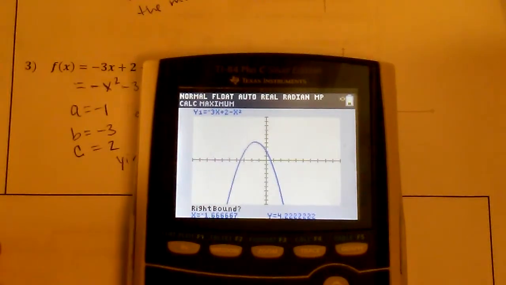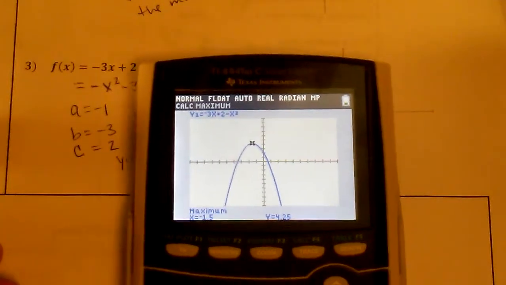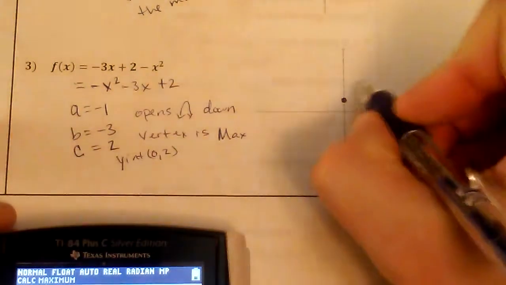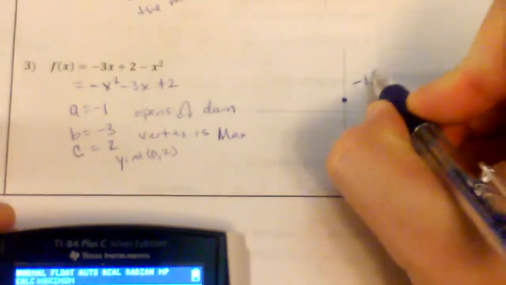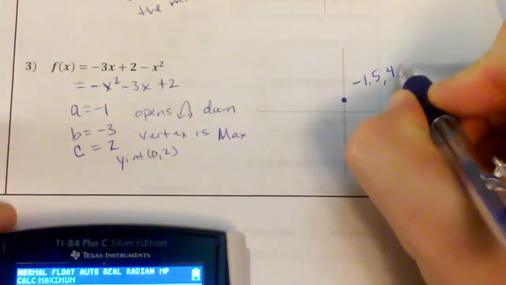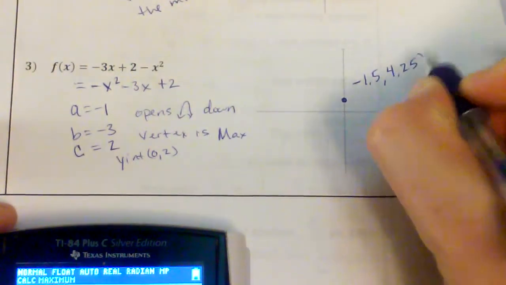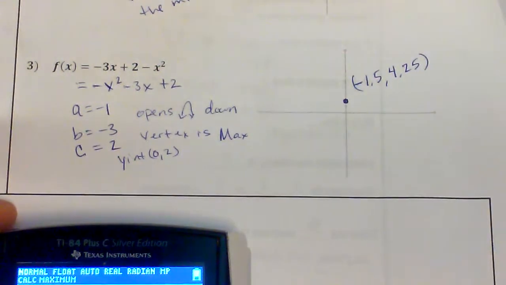Scroll over to the right side, right boundary, hit enter. And then it says take a guess. Fine. There we go. There's a guess. All right, so it looks like I have a maximum at -1.5 and +4.25. So that's my vertex.